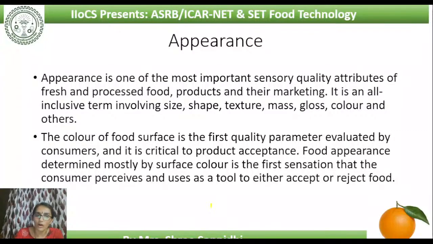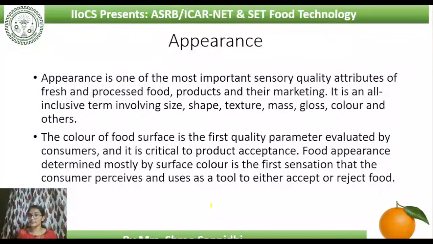It is an all-inclusive term involving size, shape, texture, mass, gloss, color, and others. Right? So appearance includes everything. The size of the food product, the shape, the texture, mass, even when we hold the food product, we feel.